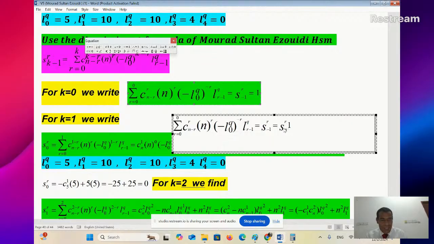After that n is going to be 5. This is combination n choose minus 1 plus 1, which is equal to combination n choose 0, which is going to be 1.